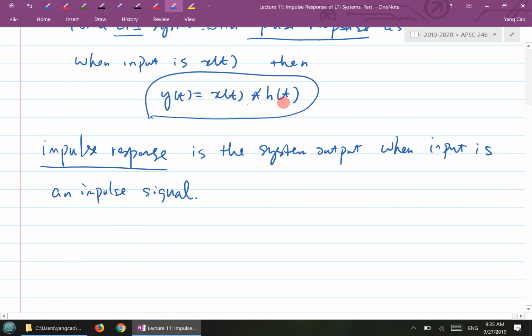Now, in the future, we'll learn how to obtain h of t. Basically, there's a question: how to obtain h of t, or the impulse response. Now, there are two different approaches to obtain it. Approach number one is a theoretical approach.